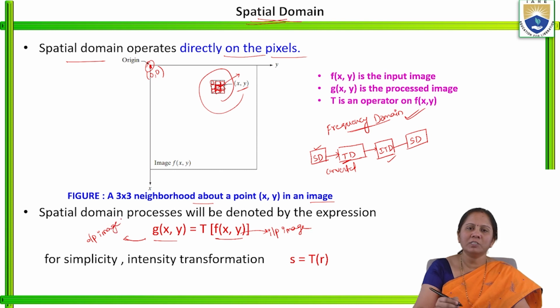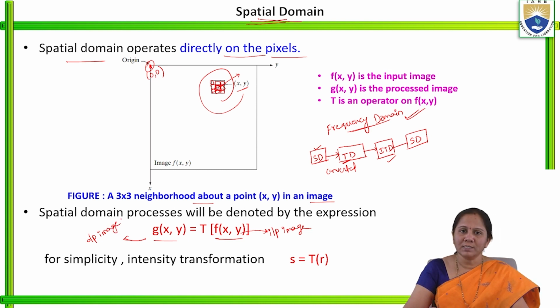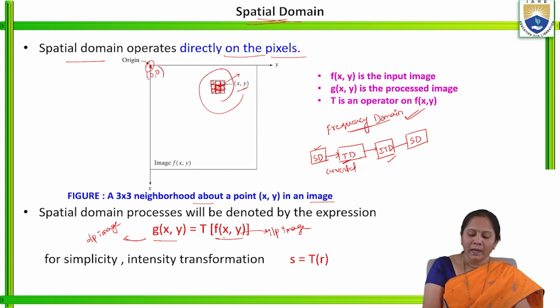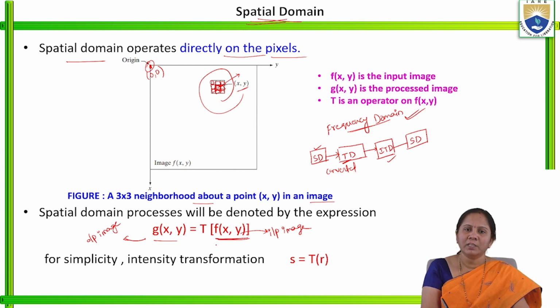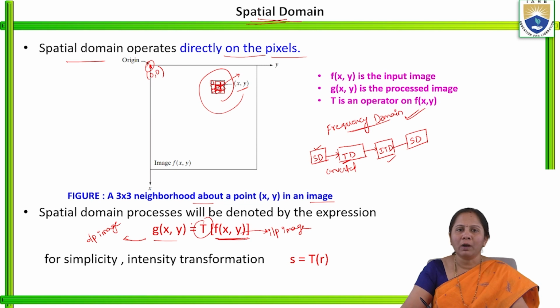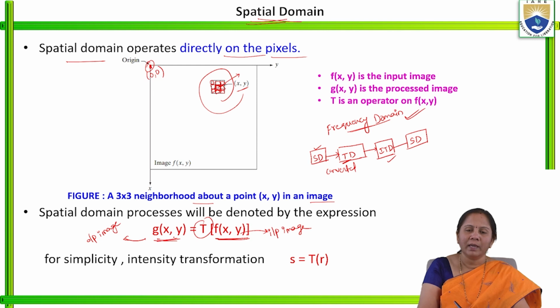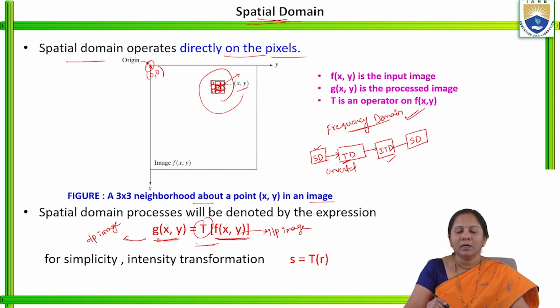The output image can also be called the processed image. On the input image f of x, y, we apply the transform, and the output we get is the processed image, called the output image, represented as g of x, y. This is the basic representation in the spatial domain.